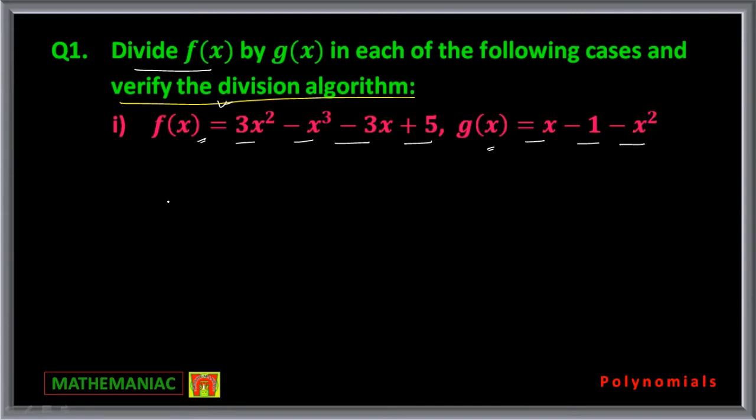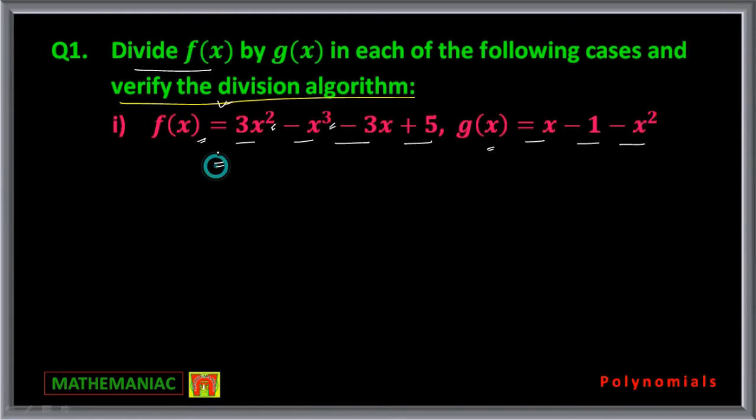First of all, you have to observe whether the polynomials are in standard form or not, right? Standard form means the powers should always be in decreasing order. Here you can see there is a second degree power and then a cube power, which is not following the standard form.